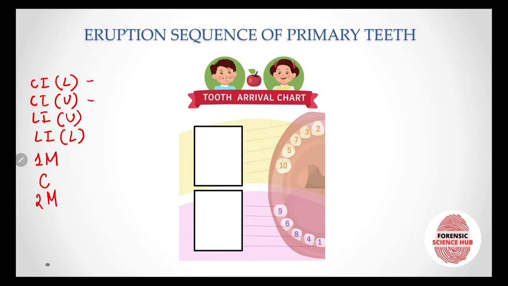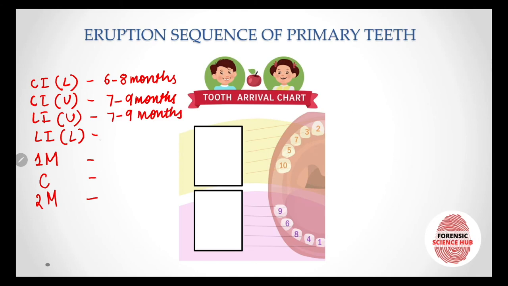Now let's learn the eruption time for all these teeth. Central incisors come in between 6 to 8 months, the lower one. Central incisors in the upper teeth, that is the maxillary teeth, come between 7 to 9 months. Lateral incisors in the upper teeth come in the same time period, that is between 7 to 9 months.